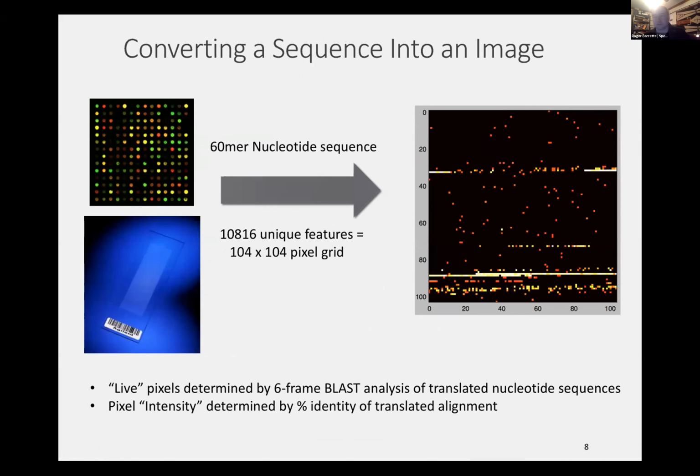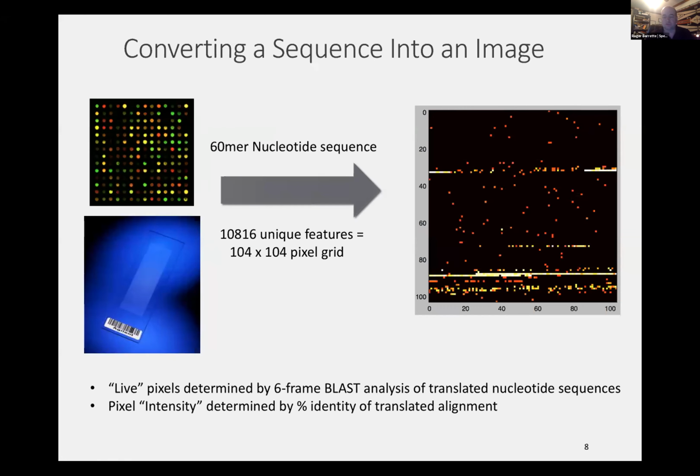We actually took the features from pan-viral microarray, and these were based off of 60 nucleotide features that were determined to be conserved at the family level, the genus level, as well as some species, although it was primarily targeted at family and genus. And so what this ends up giving is similar to a microarray. We have 10,816 unique features, which gave us a 104 by 104 pixel grid.